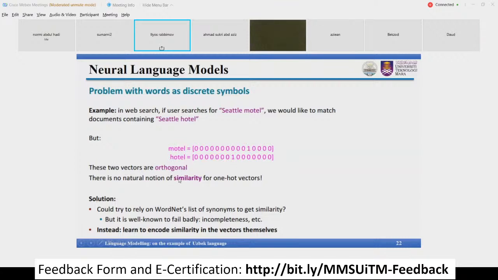There is no natural notion of similarity for one-hot vectors. There are some solutions. We could try to rely on WordNet's list of synonyms to get similarity, but this is well known to fail badly, due to incompleteness and so on. Instead, learn to encode similarity in the vectors themselves.